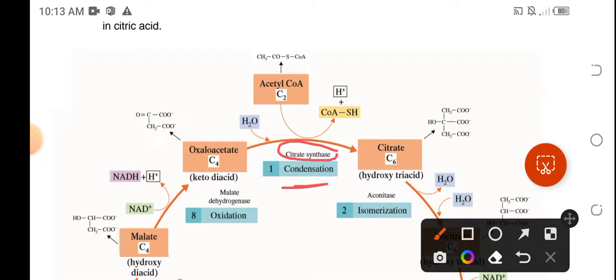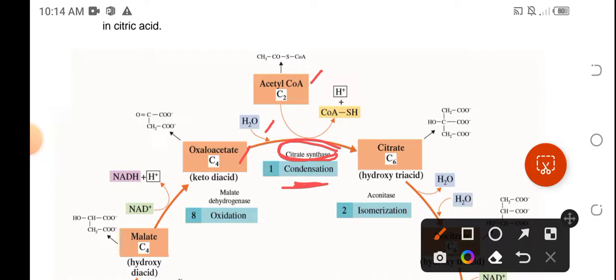Meron din tayong dapat i-take down note na enzyme. For this condensation reaction, wherein the oxaloacetate reacts with water and the acetyl from the acetyl-CoA, there should be the presence of citrate synthase. This is the enzyme that enables this reaction to be possible.